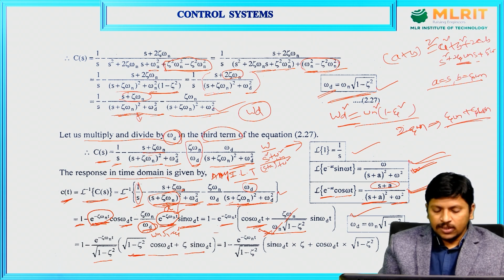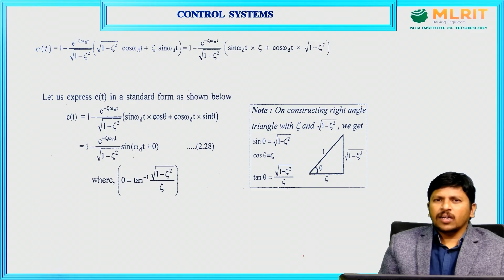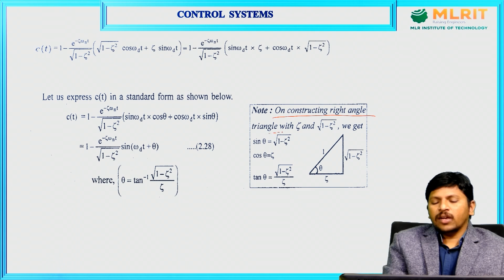So 1 minus e^(-zeta omega_n t) with the zeta value, sin omega_d t into zeta plus cos omega_d t into square root of 1 minus zeta square. Now I am constructing the right angle triangle with zeta and square root of 1 minus zeta square.